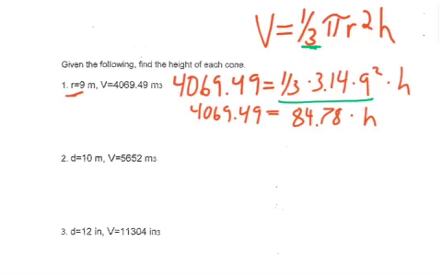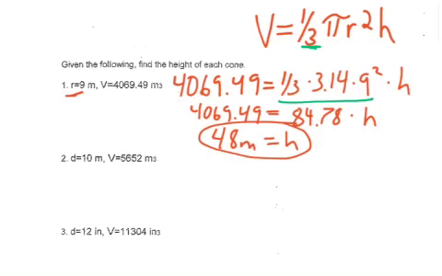And then the last step, just divide both sides by 84.78. So 4069.49 divided by 84.78 gives me 48 meters. So the height is 48 meters.